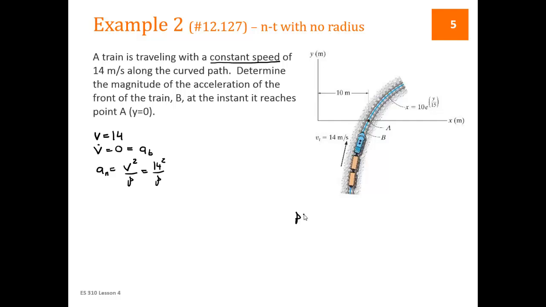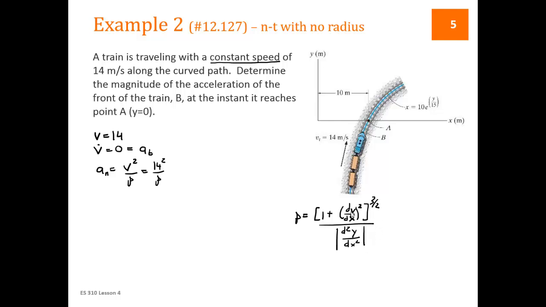Rho is equal to 1 plus dy dx squared, to the 3 halves, divided by d squared y over dx squared, and this is the magnitude, so no signs.